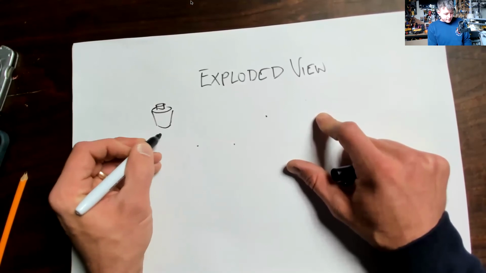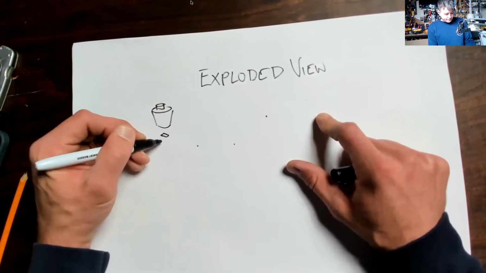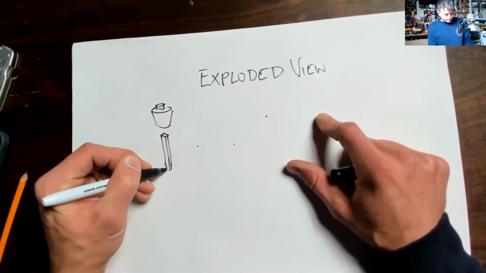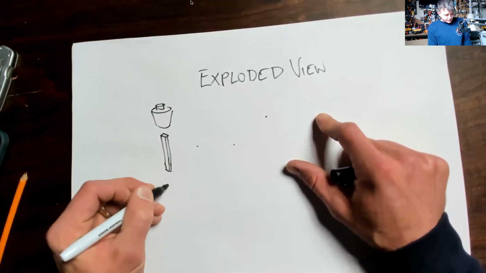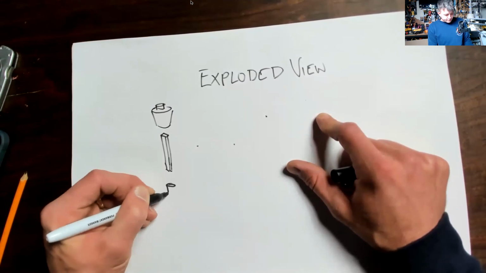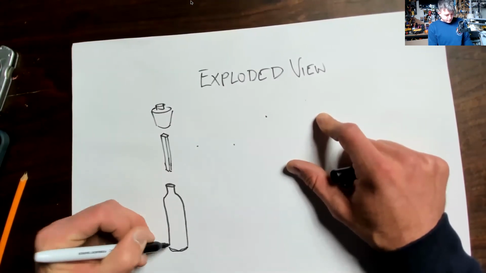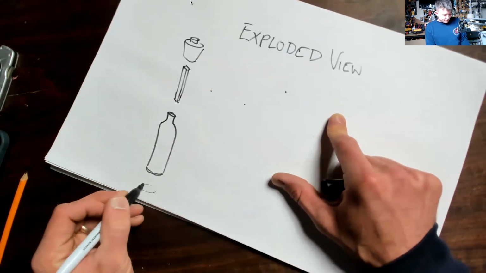There's the cap, here's the filament that runs through and gets inserted into the marker. Down here is the marker itself, the body. And then down here's a cap.